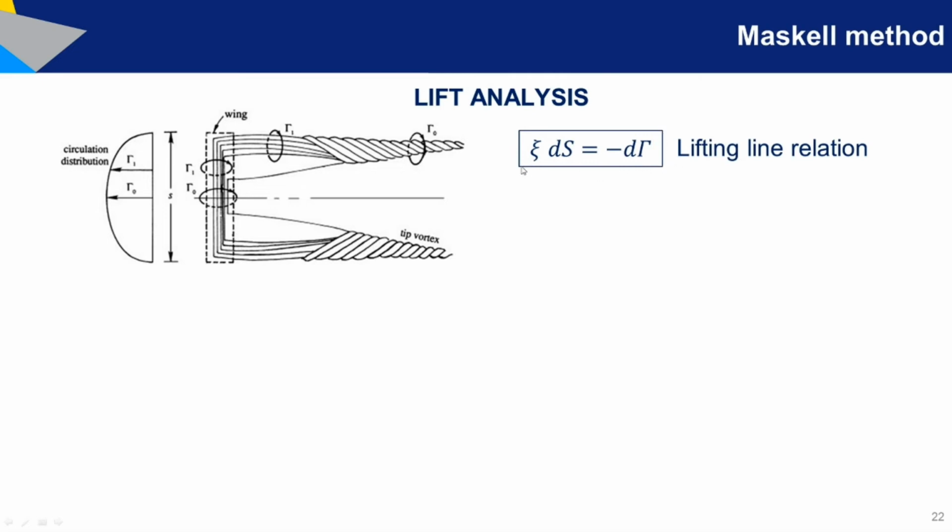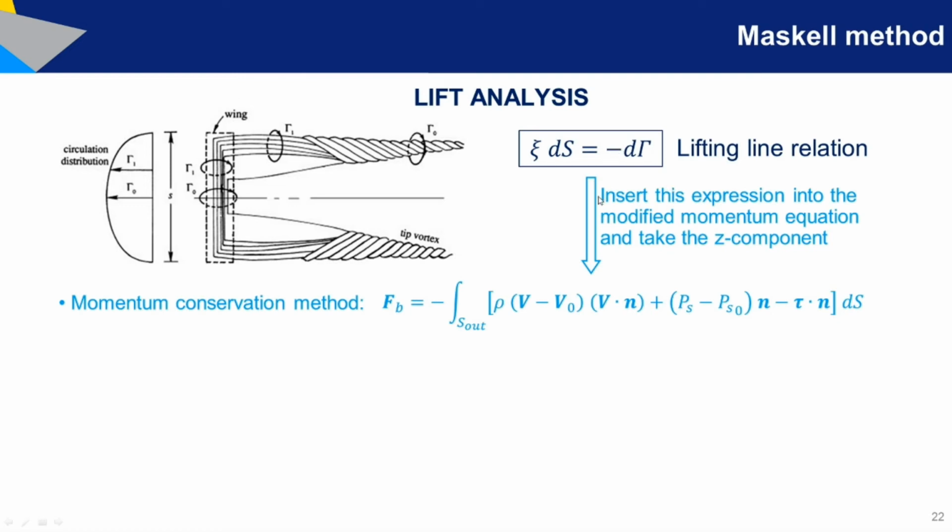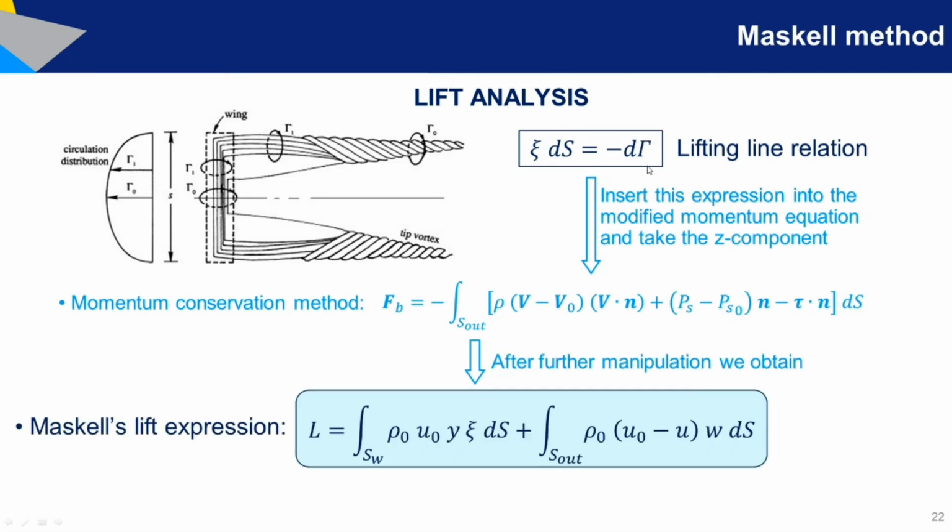So he used this lifting line relation and introduced it into the momentum conservation equation along the z-axis, because we're interested in lift right now. If you combine this equation with this relation, and after a lot of manipulation, you can obtain this expression that's known today as the Maskell lift expression, which is given by two terms.